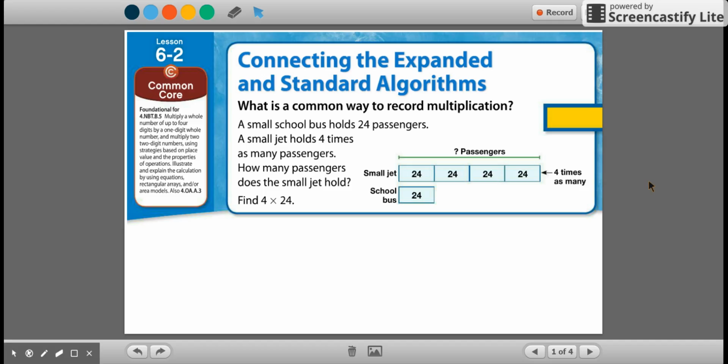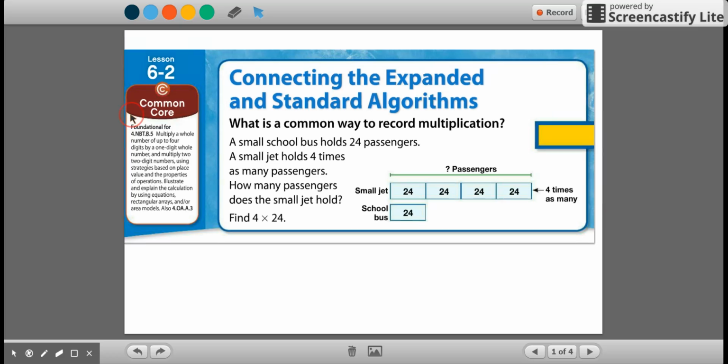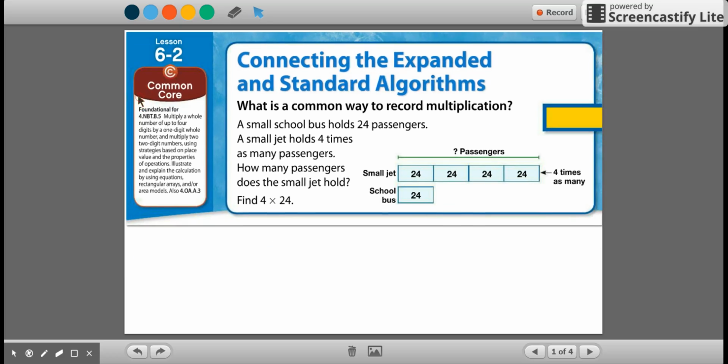All right, this is topic 6.2, and much like topic 6.1, it's kind of just a review of what we did last topic. And our standard is pretty much the same right here.